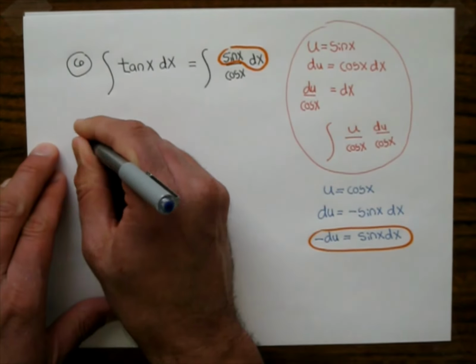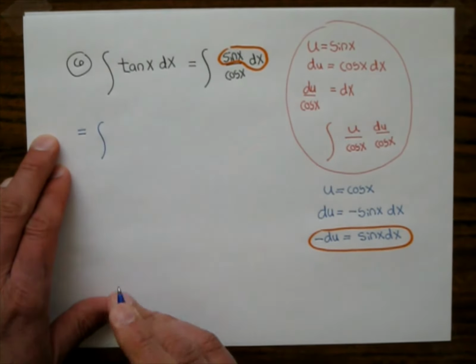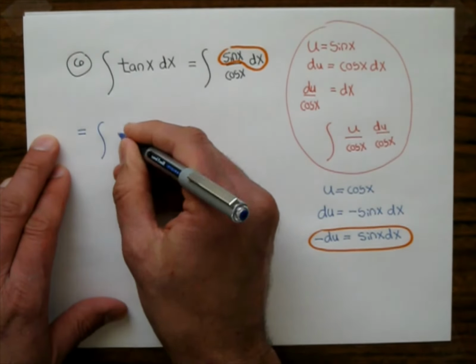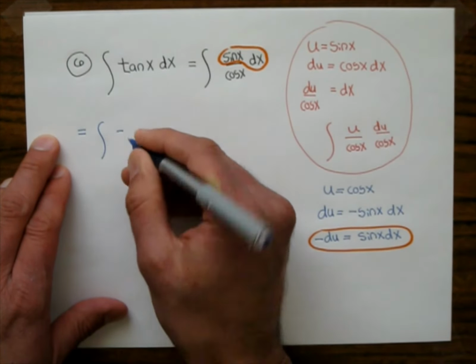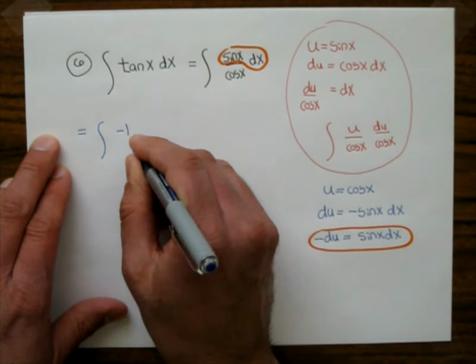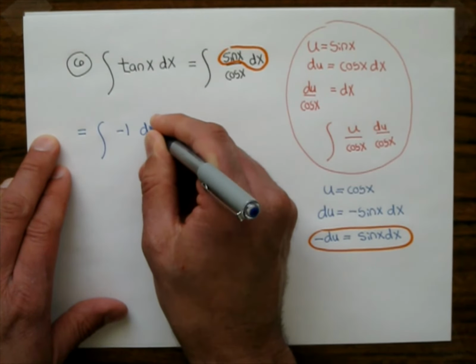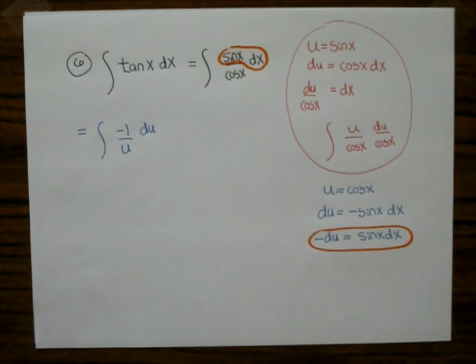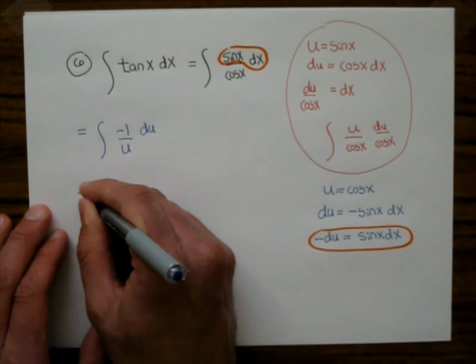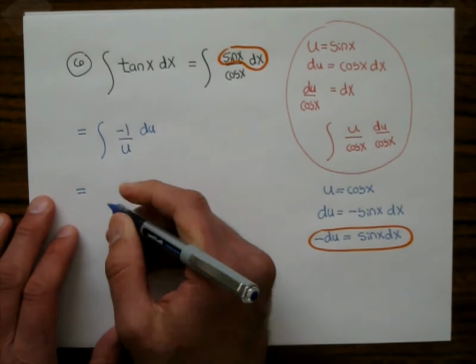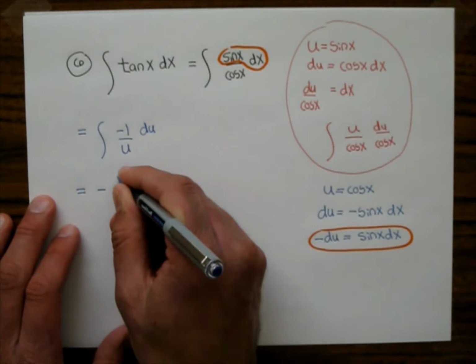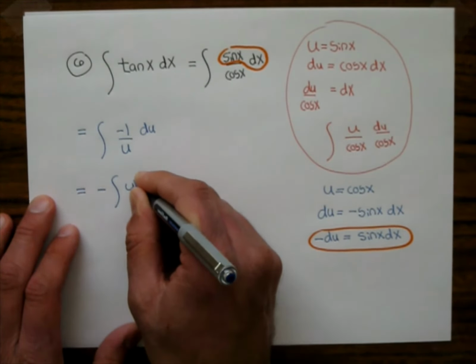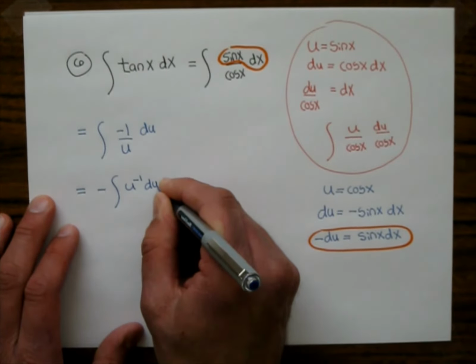So look what happens here. You have the integral of negative 1 du all over u. Okay, so do we know how to take that antiderivative? Yes, this is going to be negative. I'll put the negative out front, and then this is u to the negative 1 du.